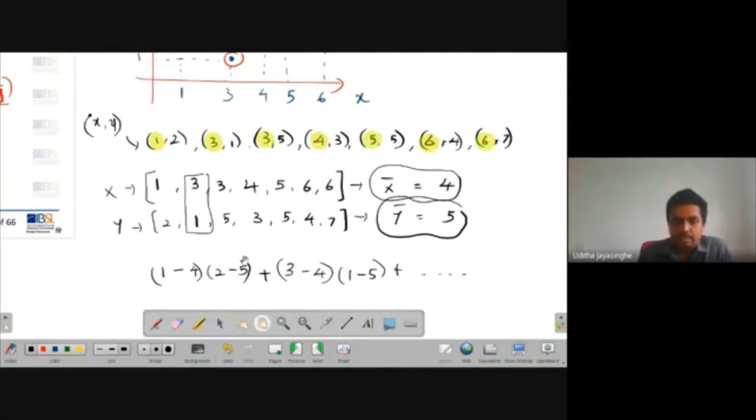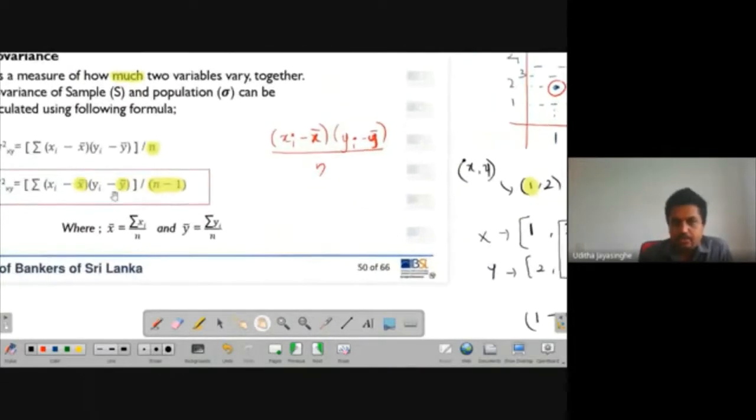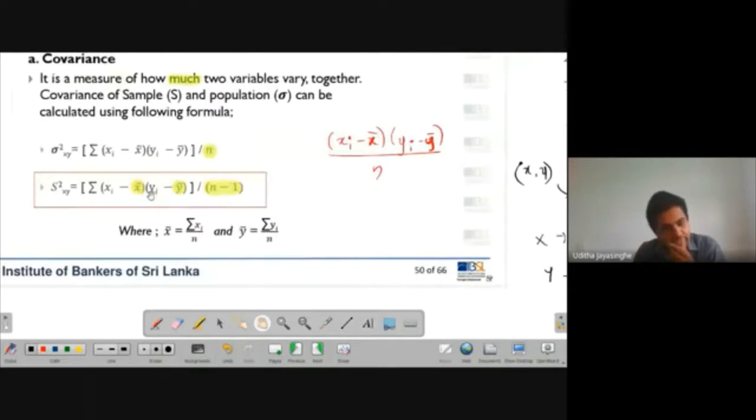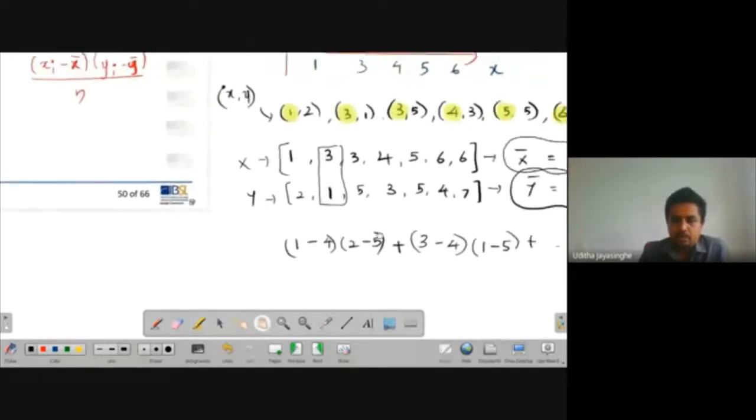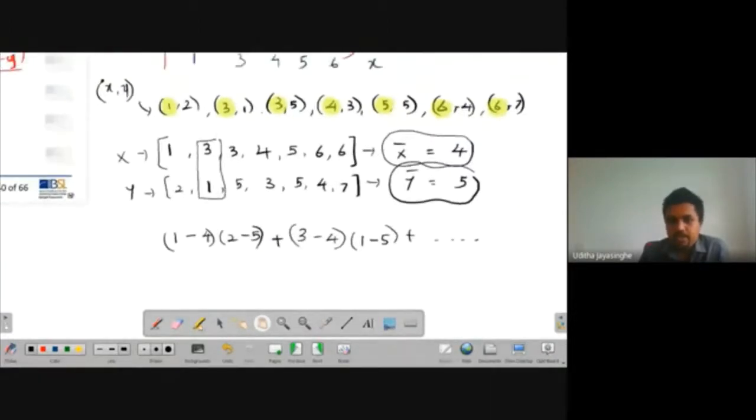Why do I take this multiplication? Because the equation says so. The equation has the covariance calculated as the x variable minus x bar, into y variable minus y bar. That's why I always have these 4s and these 5s here. Xi minus x bar multiplied by yi minus y bar.